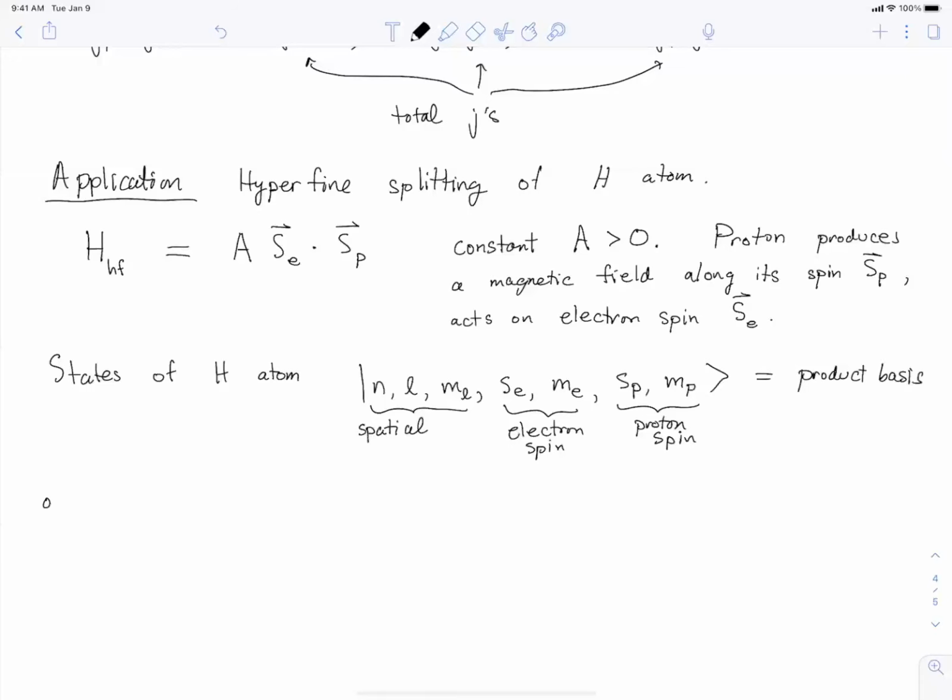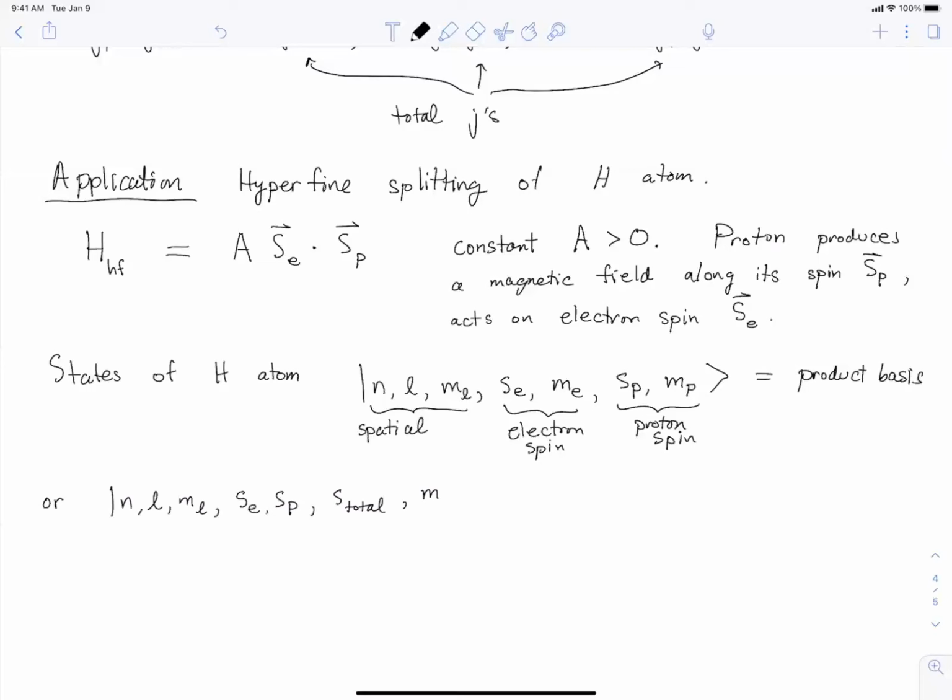But we know that we could also write a complete set of states that are an orthobasis by instead taking total spin for each of the electron and proton and the total spin by adding them together as total, and then the z component of that.